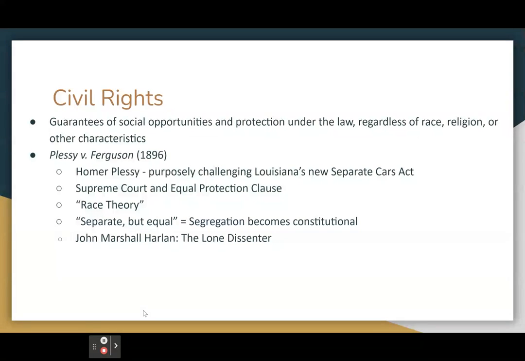Harlan says that the Constitution should be, quote, colorblind. This decision, he says, would lead to serious discrimination against African Americans. And of course, he's right. He is exactly right. He is basically predicting correctly the future of this country for the next several decades.